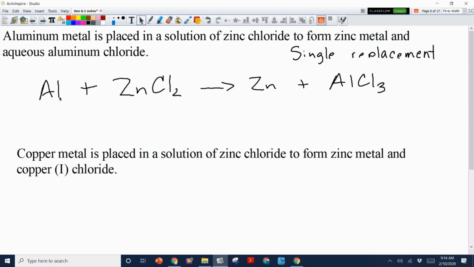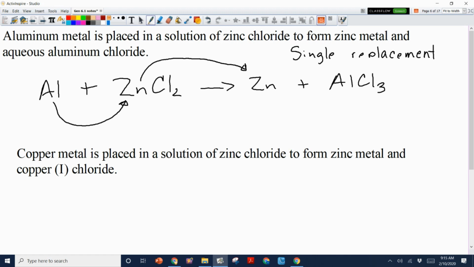That's because this aluminum is a single element not bonded to anything else, and it is going to replace the other metal that's in the compound. So this aluminum is going to kick out the zinc. So zinc is going to now be by itself, and aluminum is going to take its place. So it's a single element replacing another element in a compound.